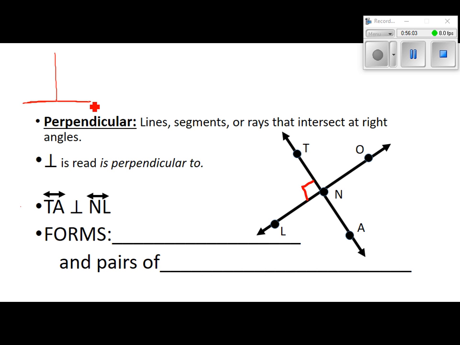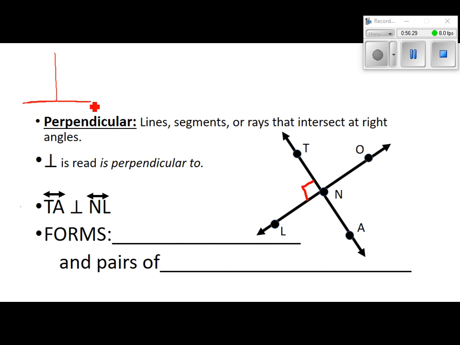That means they come together and cross and form what? Right angles. If I'm writing it this way, I use that symbol in a sentence. If I'm in a picture, what do I use to show that they're perpendicular? The little box.